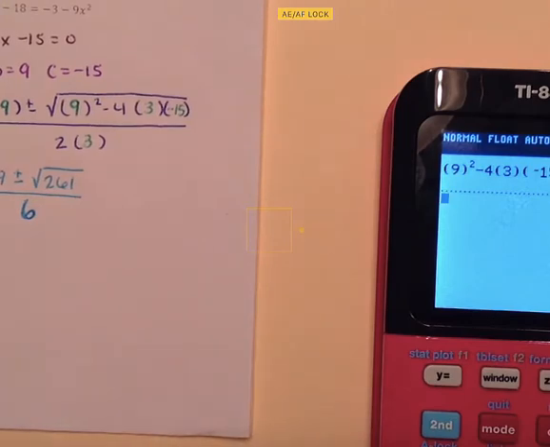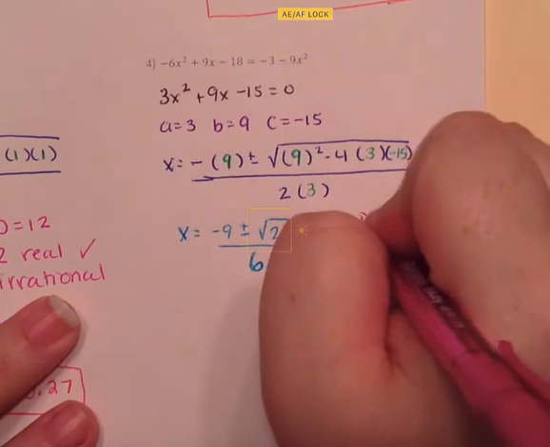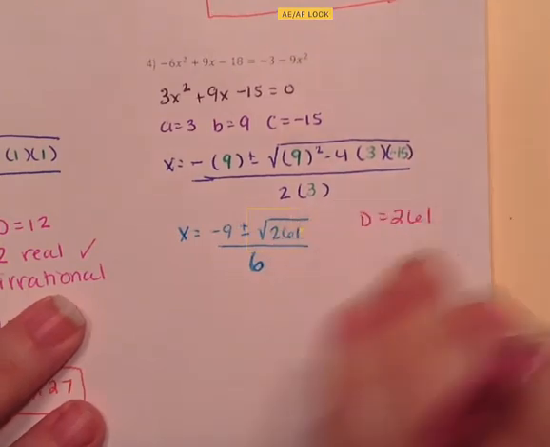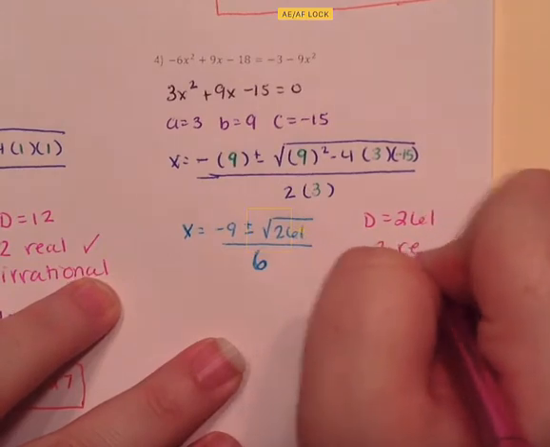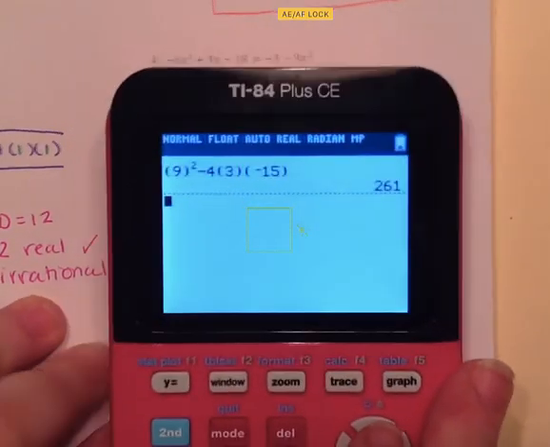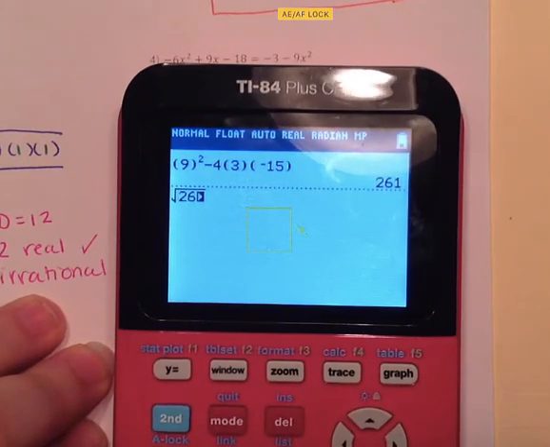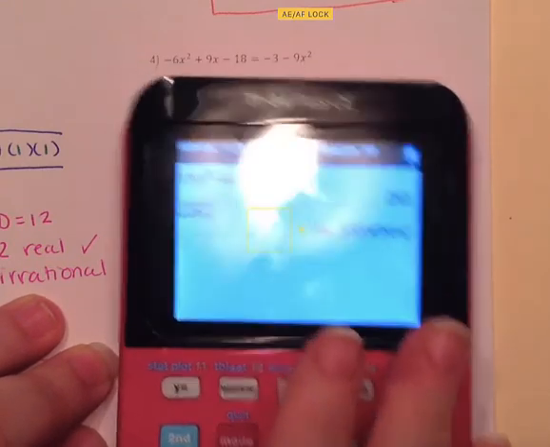And again, that tells us our discriminant. Our discriminant, d equals 261. Now it is positive, so that tells us that we will have 2 real solutions, but will they be rational or irrational? So I take the square root of 261. It gives us not a clean number, so that means it is not a perfect square.